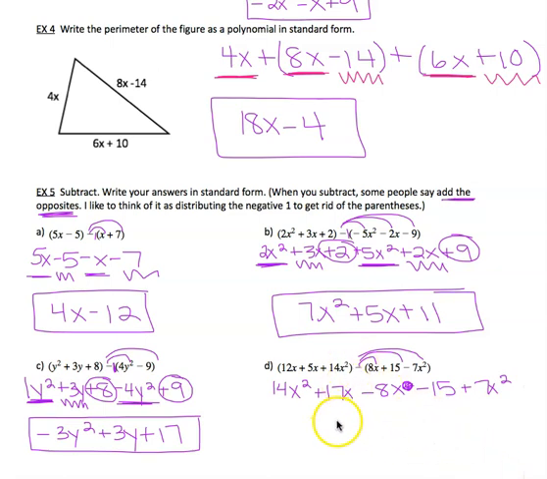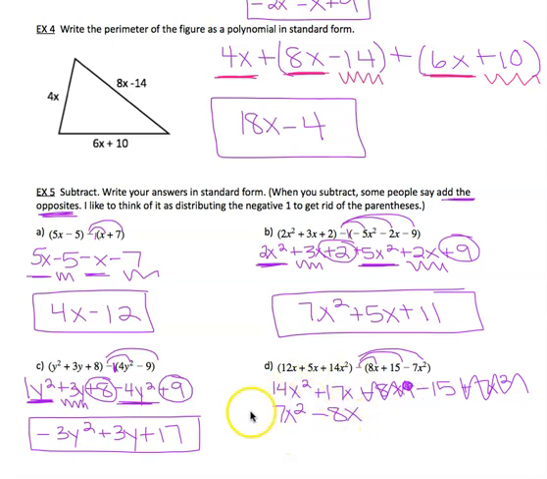So you can distribute first if you want, and then line them up underneath each other if you want. So I can say, okay, this 7x squared, I'm going to move underneath here because that's a like term. This negative 15 doesn't have anywhere to go, but this minus 8x, I could move under here.